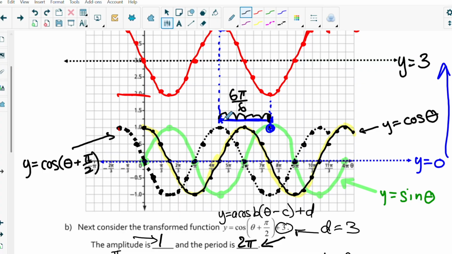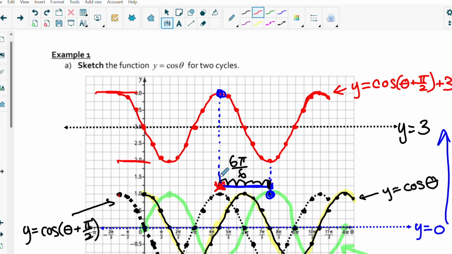Once I get this maximum point right here, all I need to do is shift up 3 units. So if I'm here, 3 units, that's at 1.25, right? So this is 1 unit.